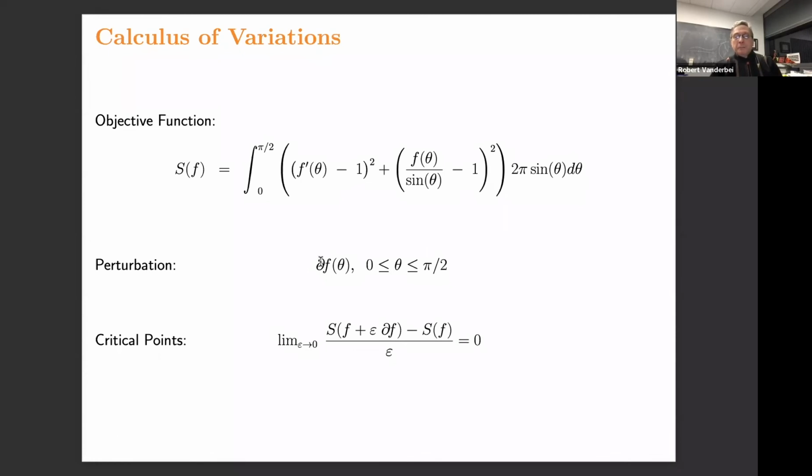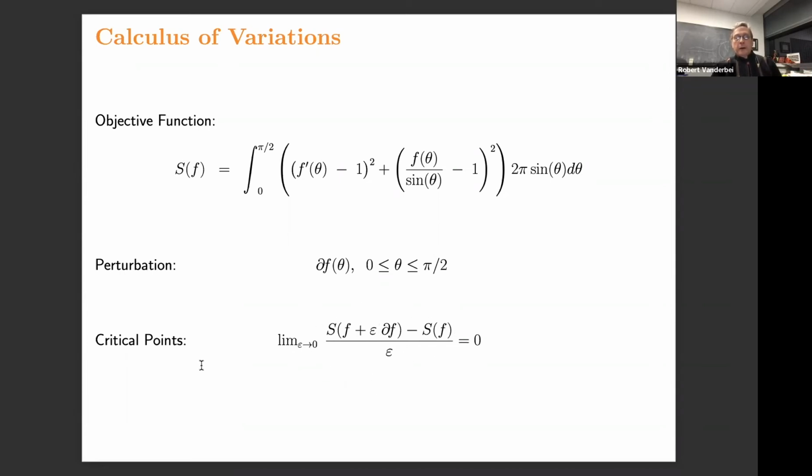But then we're going to multiply that distortion by epsilon, and then we're going to compare the distorted version to the undistorted version as a function of epsilon, and then divide by epsilon, because that's making it get smaller and smaller, and take the limit as epsilon goes to 0. And this is like the definition of a derivative.